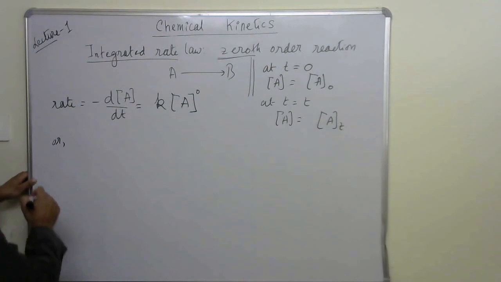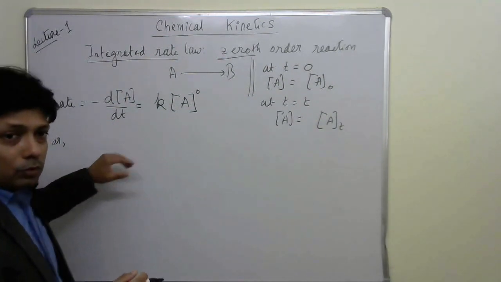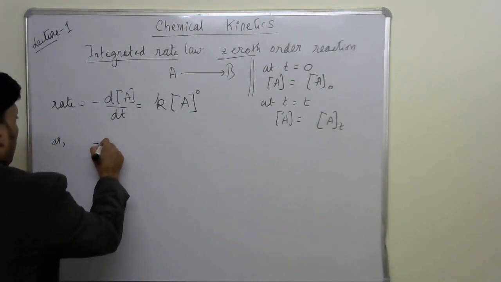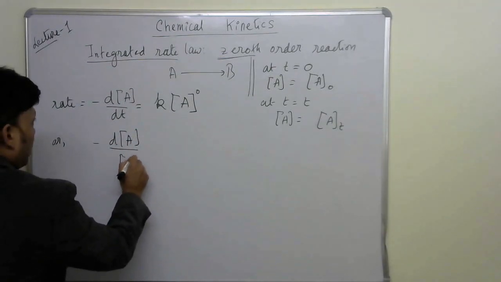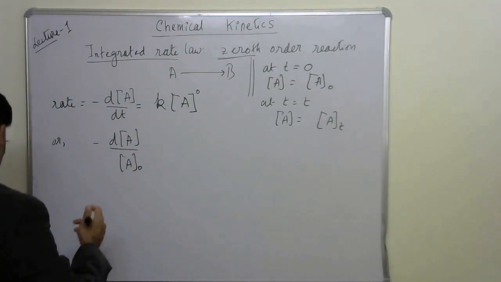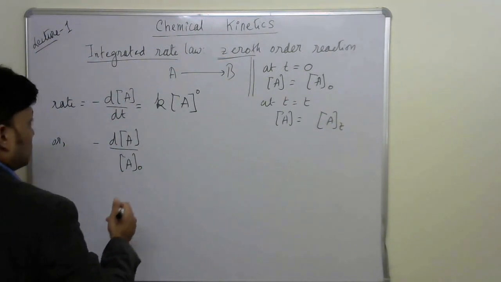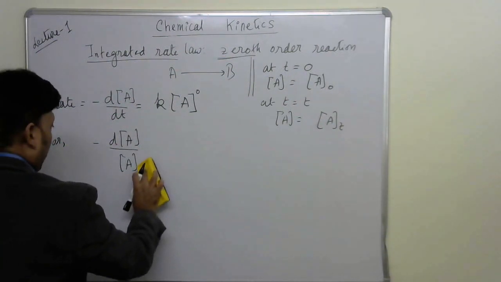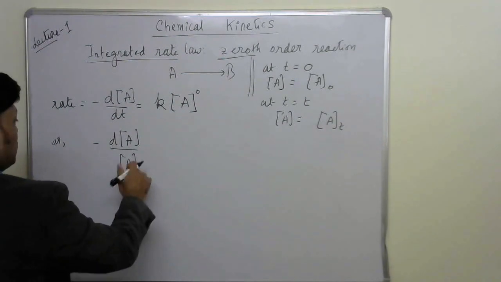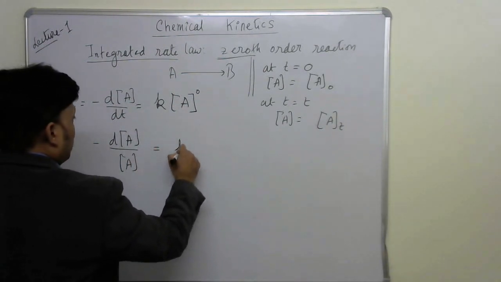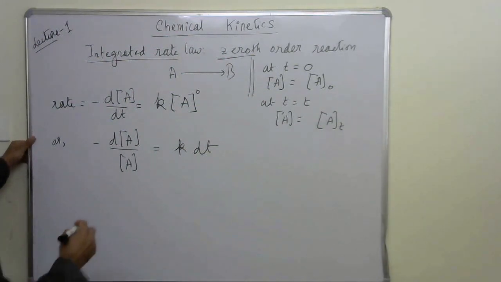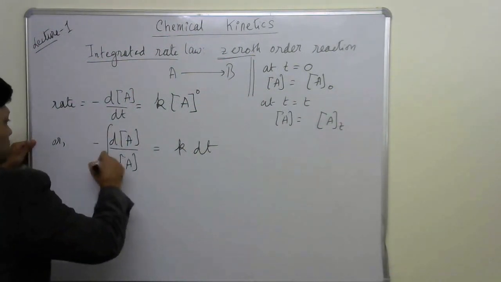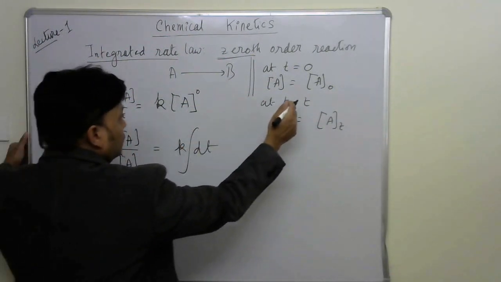In order to solve it, we have to integrate that. So dA over A to the power 0 is equal to K dt. Now we have to integrate, and while we do the integration we have to put the limits of the integration.